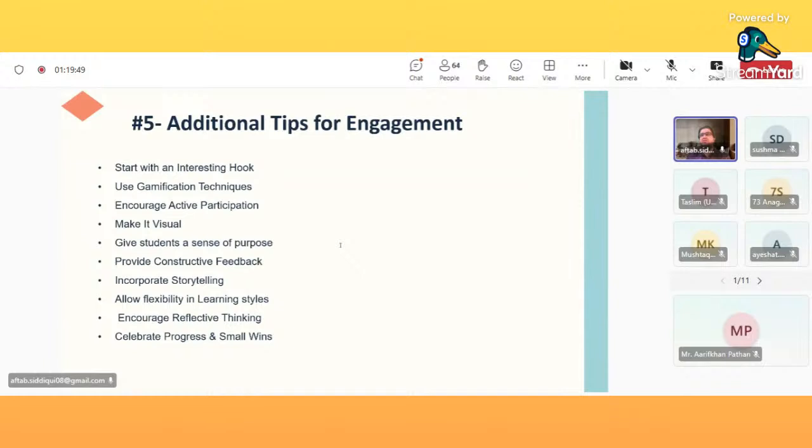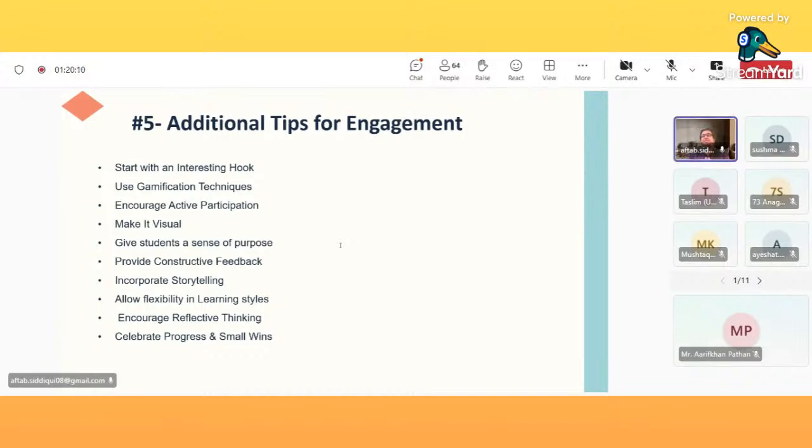What happens in some of the schools and colleges I have seen is that the professor has their own set of standards. I'm going to deliver things in this way only. The assignment should be in this way only. But I believe you should try to be a bit flexible.